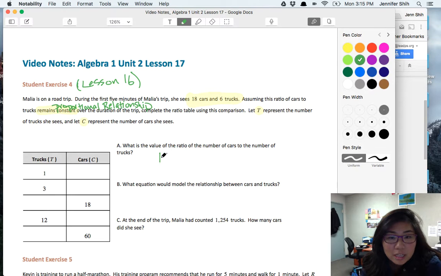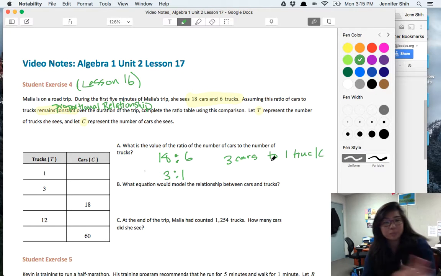We have 18 cars to 6 trucks. If I simplify that and divide both of these by 6, I'm going to end up with 3 to 1. So it means there are 3 cars to 1 truck. Okay, so that's the first part with the ratio.